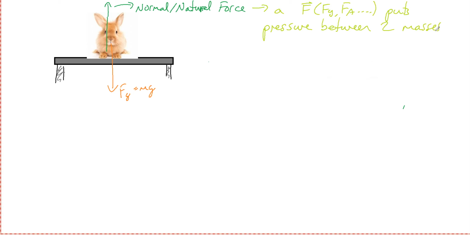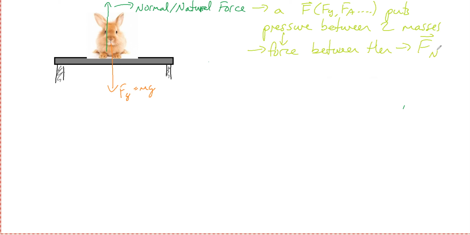It's not a pressure measurement, but it's connected to pressure. You have a force, in this case gravity, that puts pressure between two masses, and there's sort of the pressure, or the force, between them. This is the Fn, or the normal force.